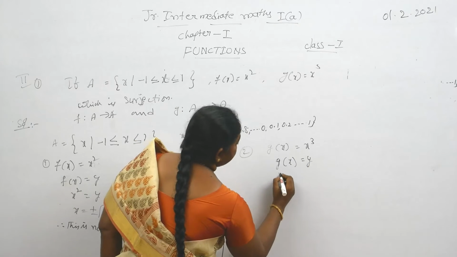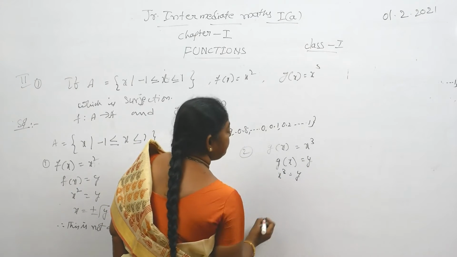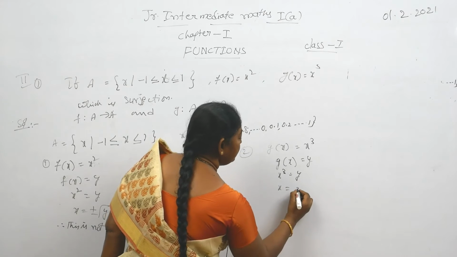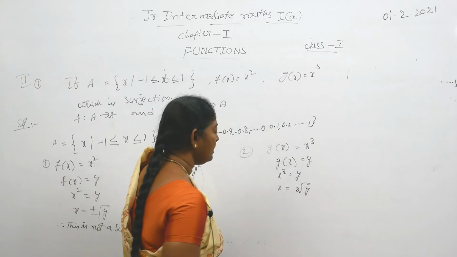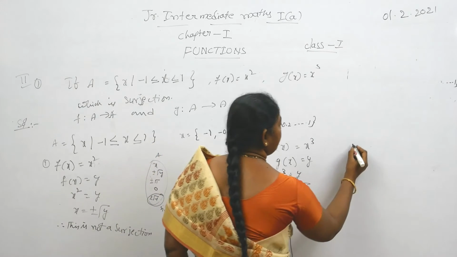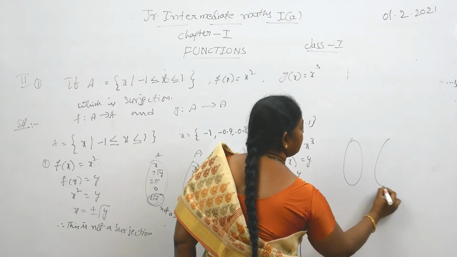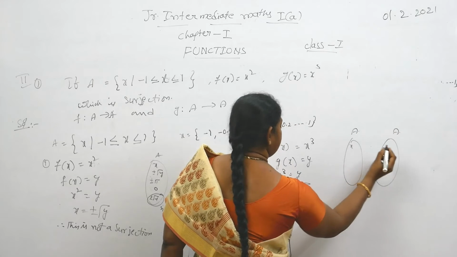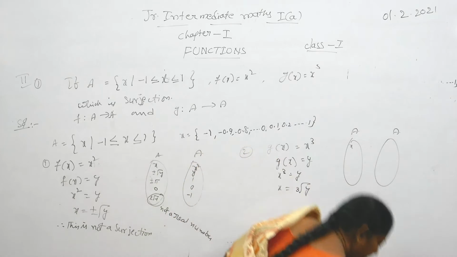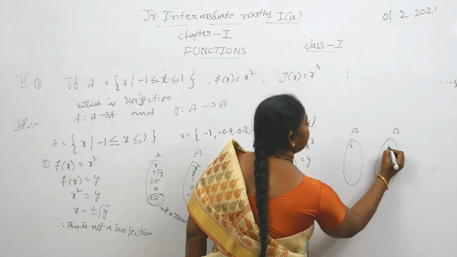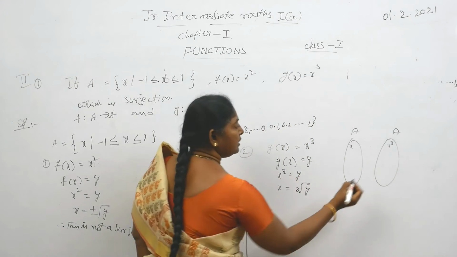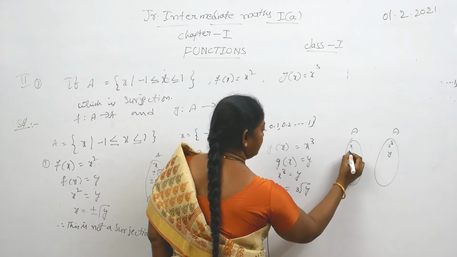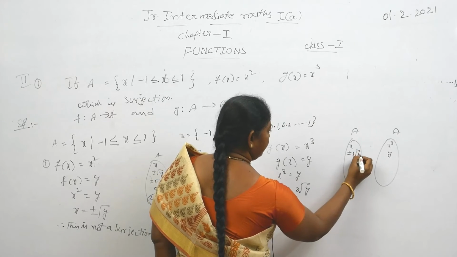So x cube equal to y, so x equal to cube root of y. Suppose A to A, x goes to x cube, and this is y with the cube root of y.